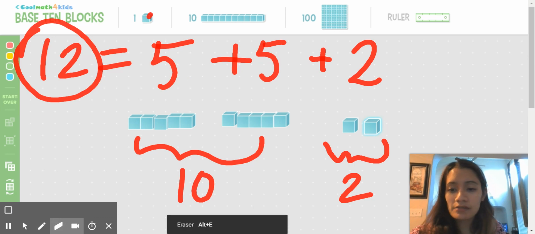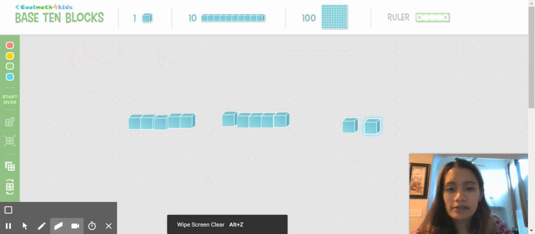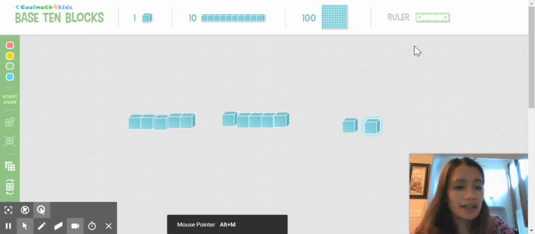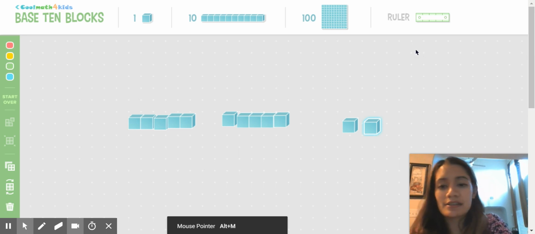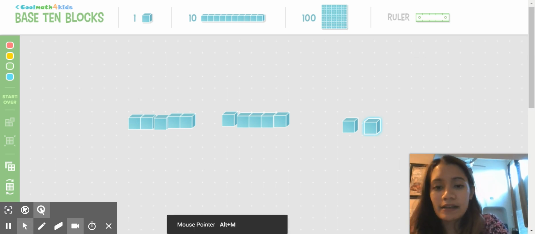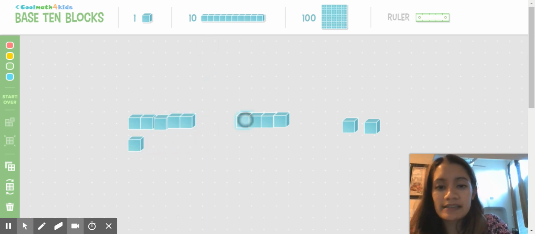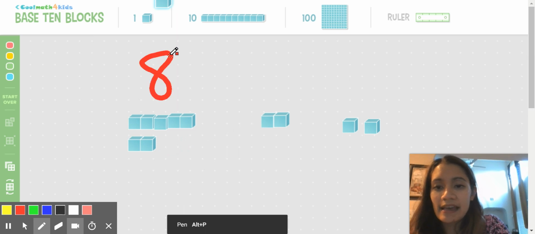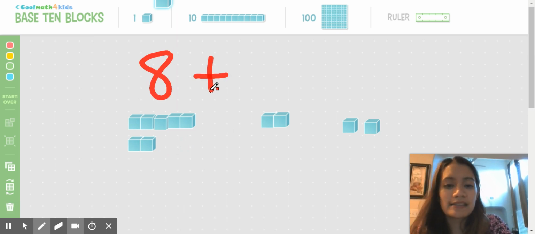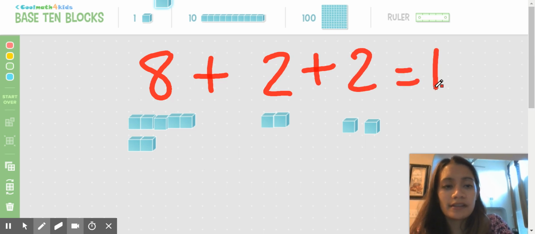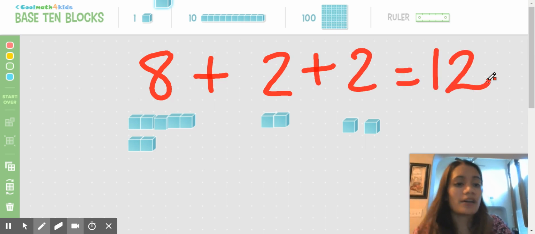You could also, let me clear this out, you could also do a little adventure as well. You can take 5, 6, 7, 8. You can say that's 8 plus 2 plus 2 equals 12.